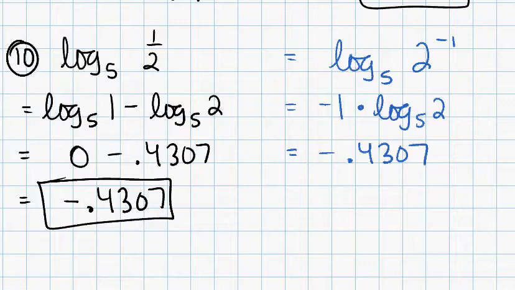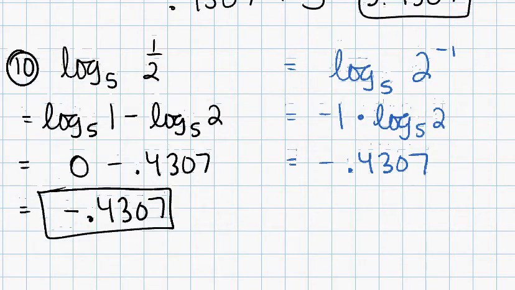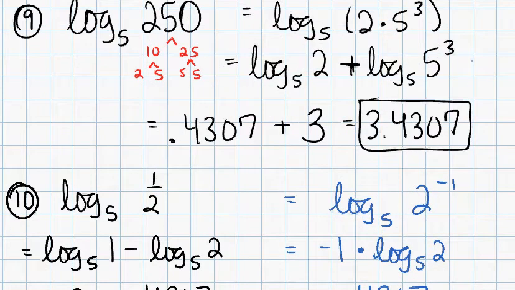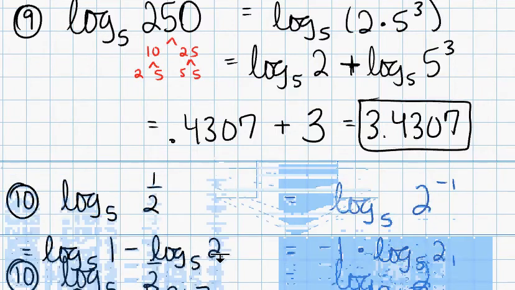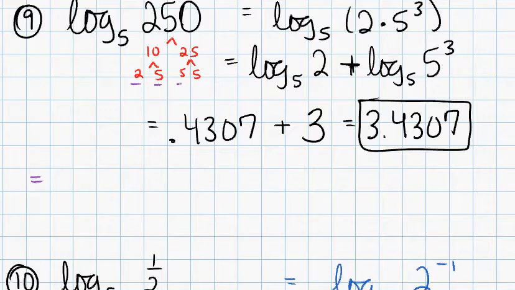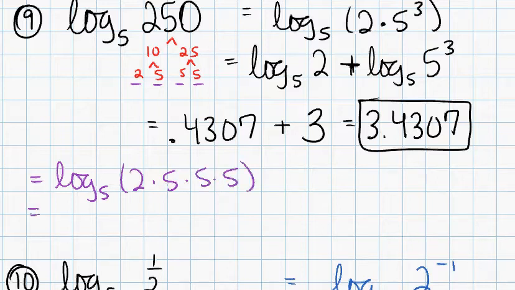So if we go back to number 9 for just one moment, the other way to do this would be strictly addition. I'll write it out. Because you have a 2, a 5, a 5, and a 5, you could think of this as log base 5 of 2 times 5 times 5 times 5. And then just do all additions.